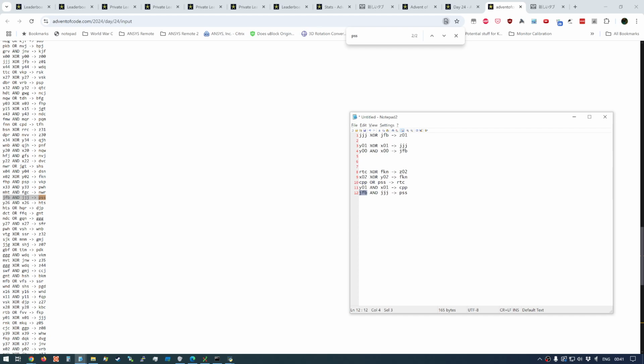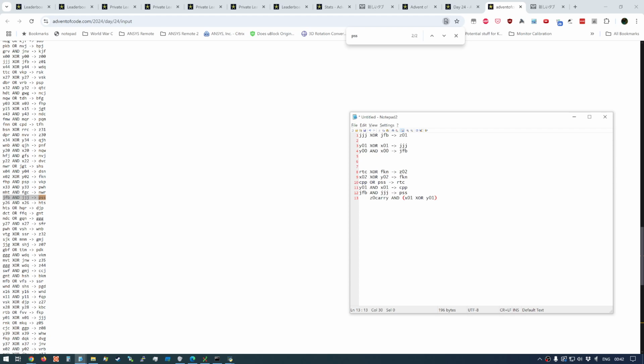This is the carry bit from 0, and JJJ. Which is the same as Z0 carry and X01 or Y01. It is correct.